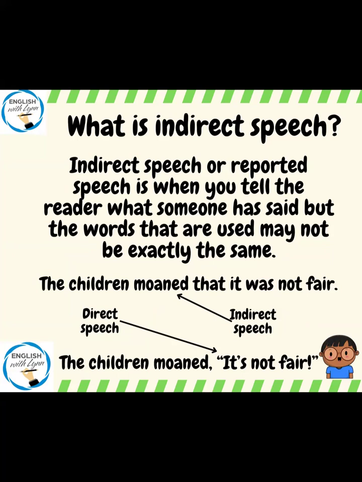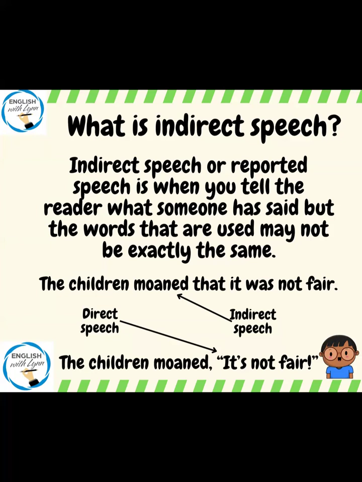Okay, so you've got direct speech where you use the speech marks. Indirect speech or reported speech is when you are telling the reader what someone has said, but it isn't them directly speaking. So on the first page, we had the children moaned, "It's not fair."